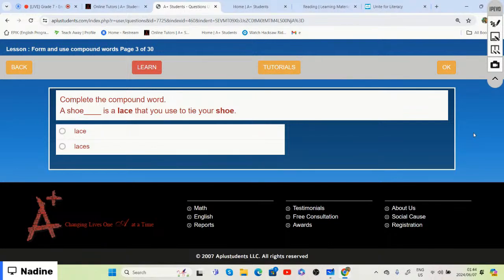Is a lace that you use to tie your shoes. So a shoe, do we say a shoelace or a shoelaces? And in this case, we'll say a shoelace is a lace that you use to tie your shoes.